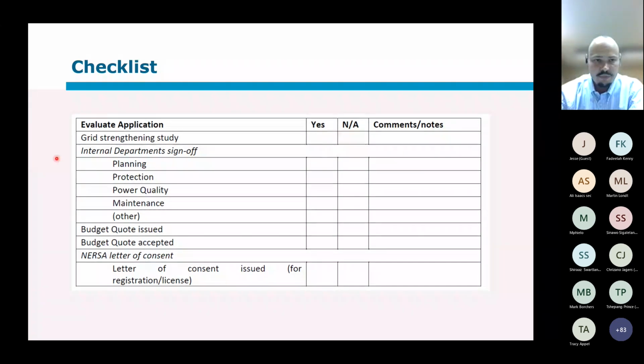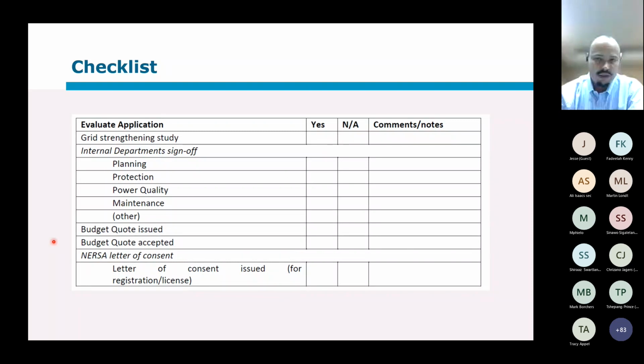Your internal departments, planning, protection, power quality, maintenance, other departments, have their concerns been addressed? Are they aware of anything that's going to happen in the network? Is that being addressed? Then you can issue the budget quote, and the customer has to, again, now accept that.